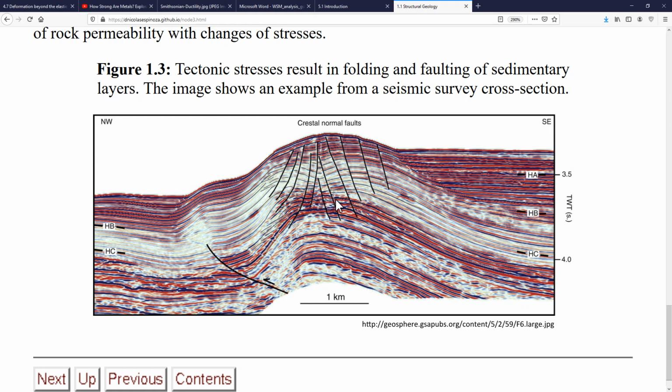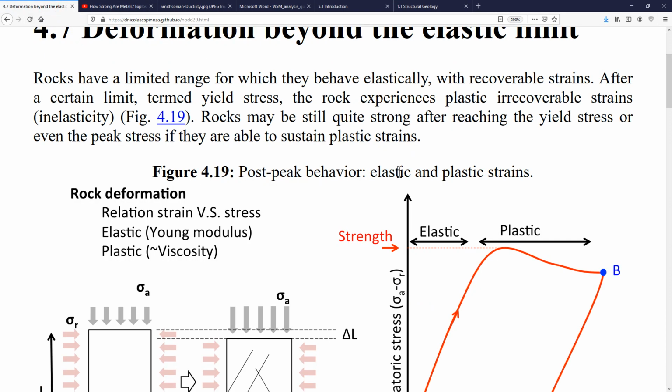We're not going to see this in detail, but recent advances in structural geology, thanks to the theory of plasticity, can now help us predict similar shapes of these folded layers that we couldn't do before. Thanks to this theory and the computational power that we have today, we can recreate these in computer models. Okay, let's come back over here.